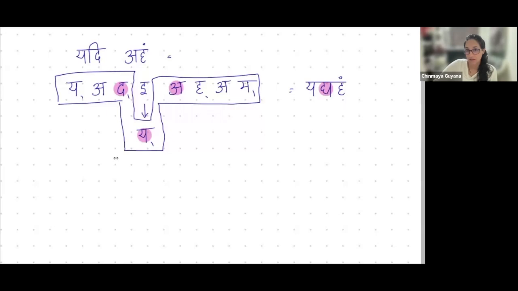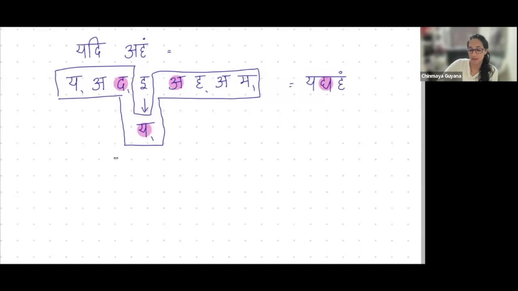This ya has to be written as it is supposed to when it gets joined with the other letters around it. Okay? So this yadi aham, when you see this, you don't think yadi aham. You're like, wait, what? But I'm going slowly so you see all the pieces getting joined together.